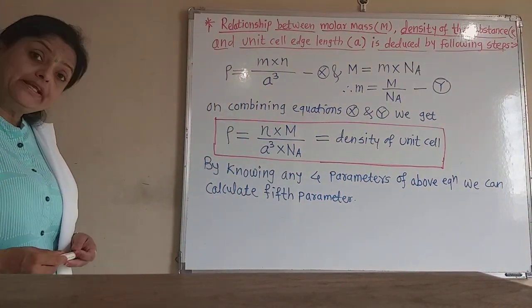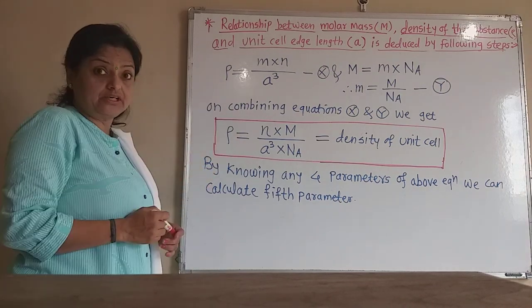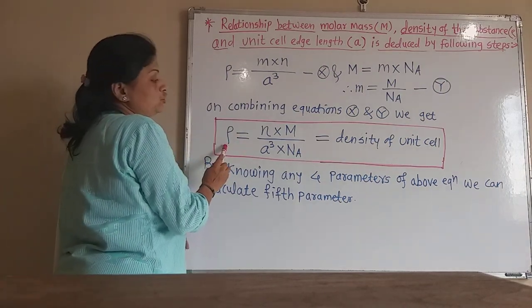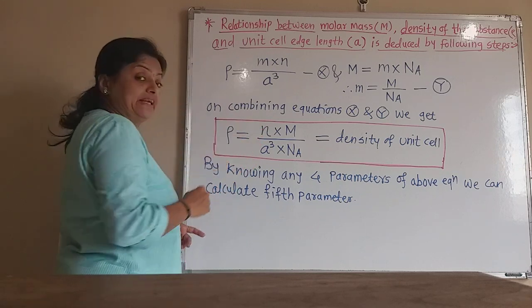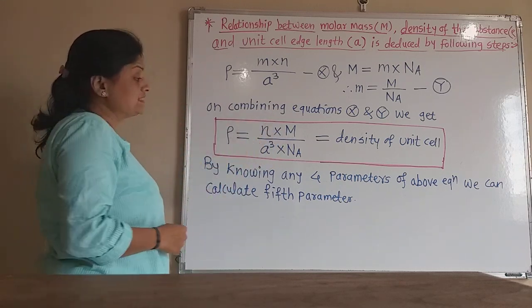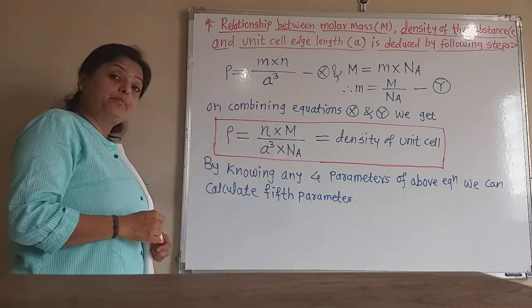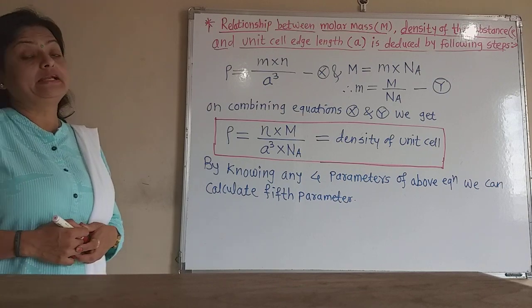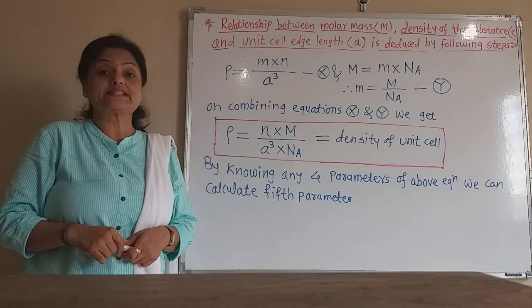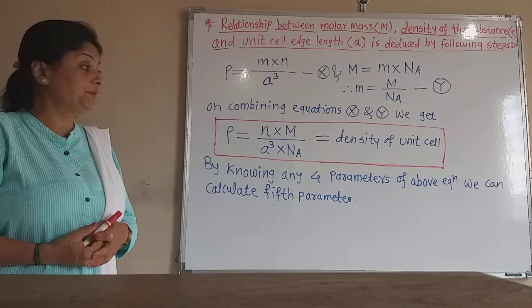Now by knowing any four parameters in this equation, there are 5 parameters: the density of unit cell, number of particles present in the unit cell, molar mass of the substance, volume of the unit cell, and Avogadro's number, that is the number of particles present in 1 mole of the substance, 6.022 into 10 raised to 23 particles.